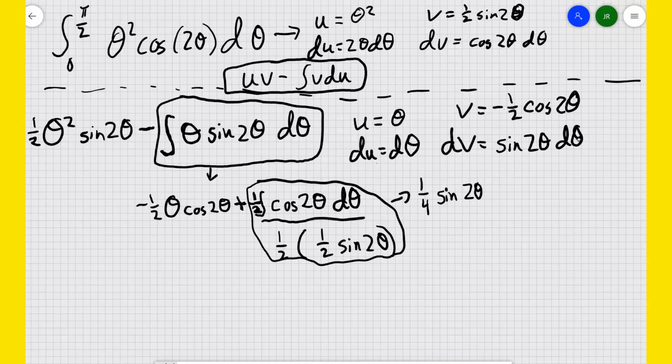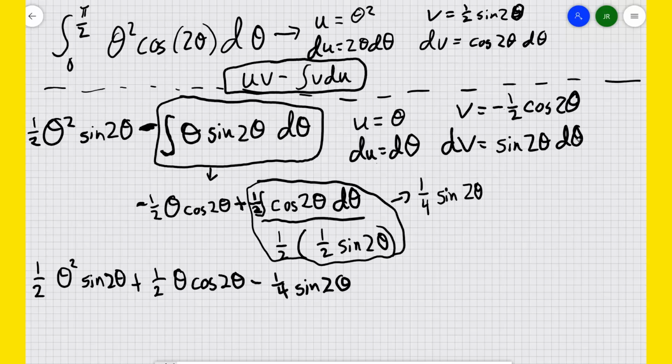Okay, let me see if I can write all this the way I should write it. This is going to be 1/2 theta squared sine 2 theta minus negative 1/2, so it's going to be plus 1/2 theta cosine 2 theta minus 1/4 sine 2 theta.